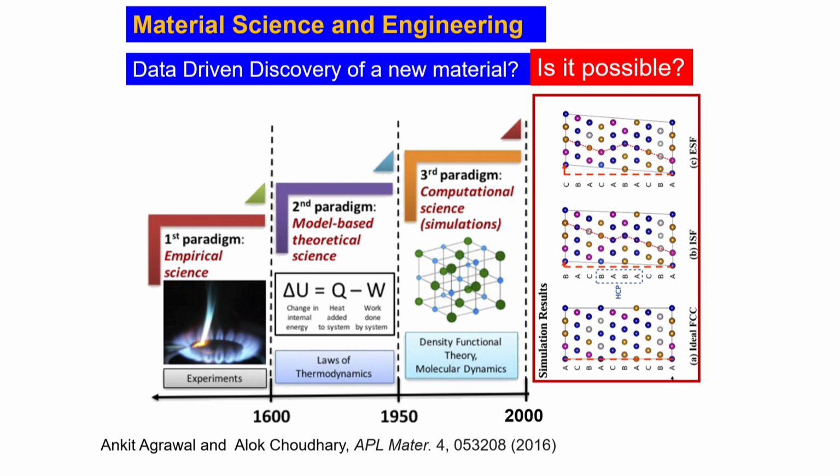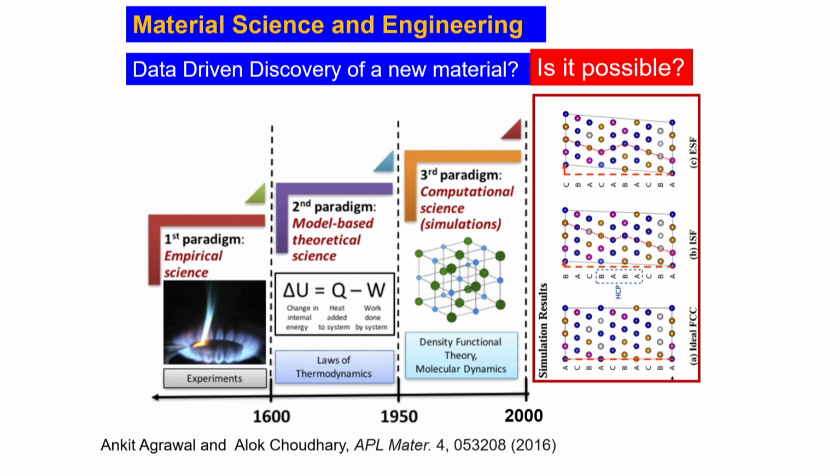Nobody is doing only experiments or only model based theoretical calculations; people started looking into computational aspects, and that is what led to this concept of simulations, and we see the development of density functional theory and molecular dynamics, which are based on Newton's laws of motion.